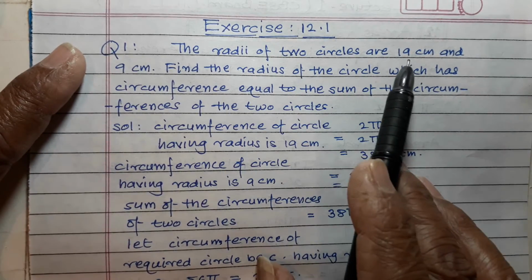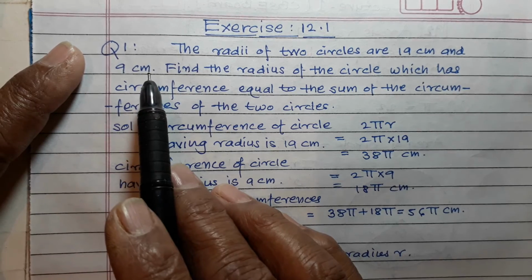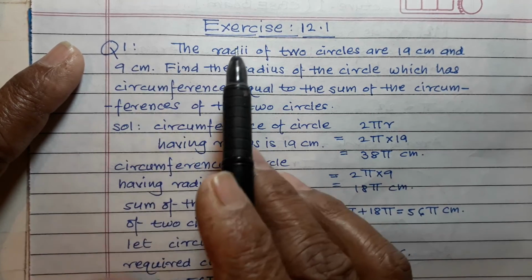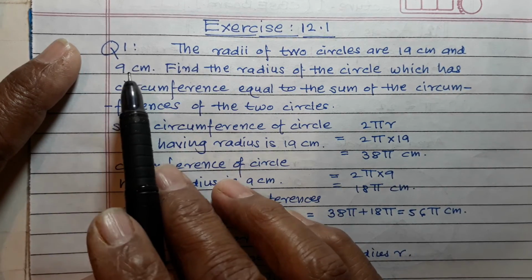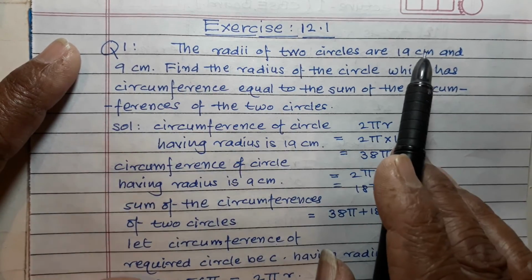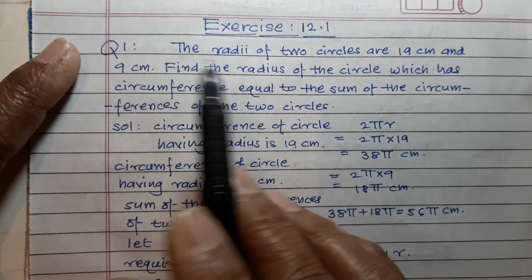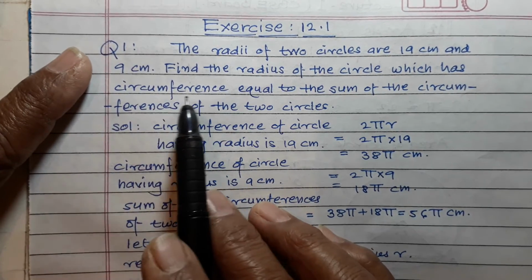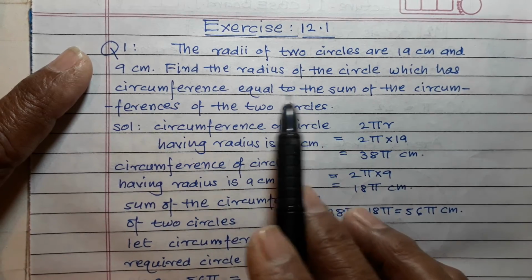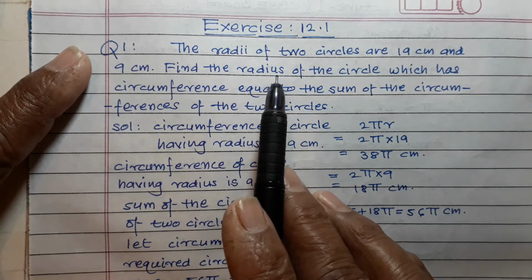Two circles are given, radius is equal to 19 centimeter and 9 centimeter, and the relation is given: sum of the circumferences of these two circles is equal to the circumference of a third circle. Find the radius of that circle.